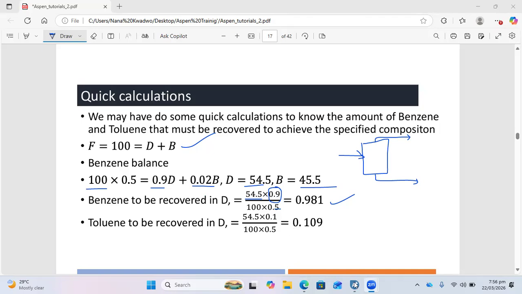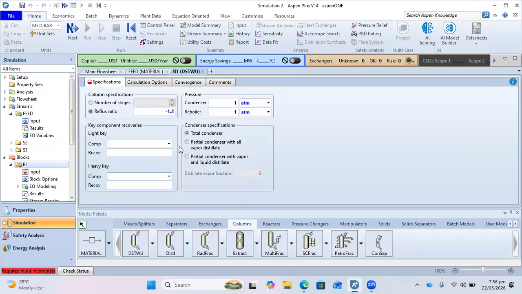Okay. We have the recovery of benzene in the distillate, and then we have the recovery of toluene as well in the distillate. So notice that in Aspen, what we are specifying here are the recoveries for just the distillate. Keep it in mind. We see here light key. We are looking at the lightest component, or if we have more than two, we would specify what our light key should be and what our heavy key should be. So here we have benzene, and the recovery was 0.98.